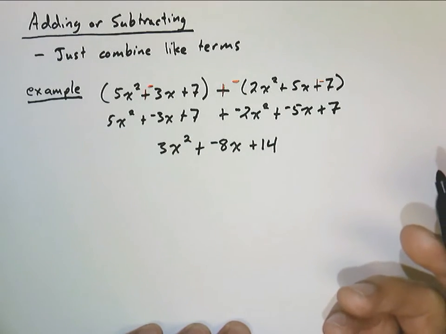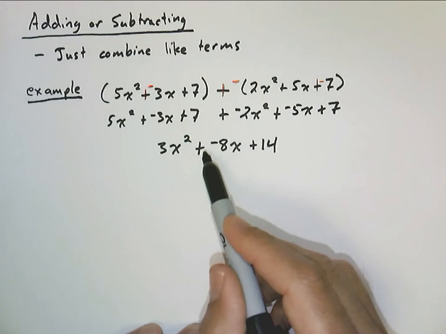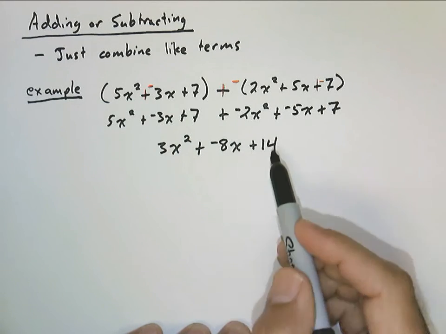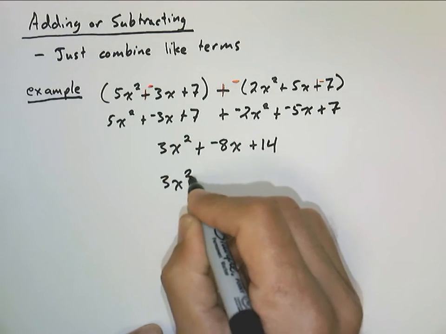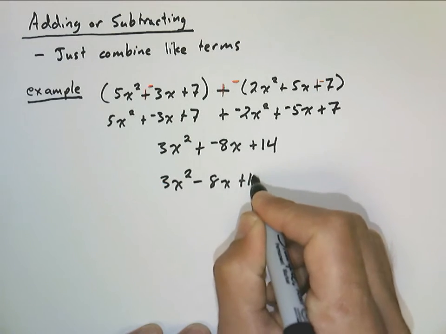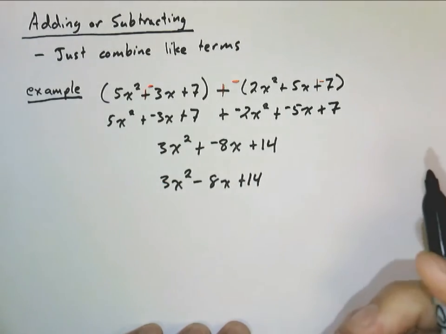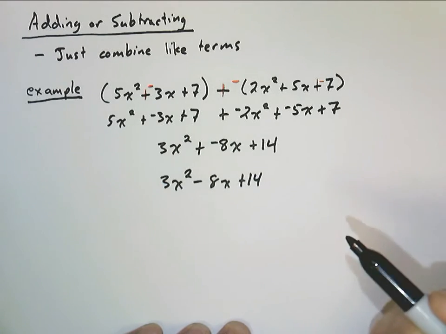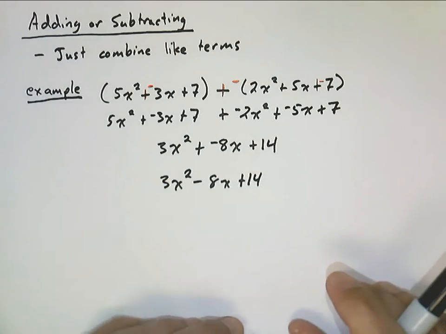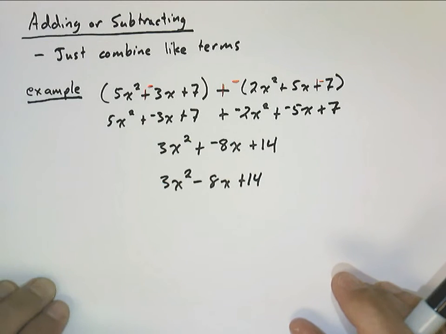Pretty simple. We could, of course, switch this around to minus 8x, but it's completely unnecessary. If you want to leave it as adding the negatives, I'm totally fine with that. Because once again, I hate subtractions. But that's pretty simple. That's adding or subtracting.